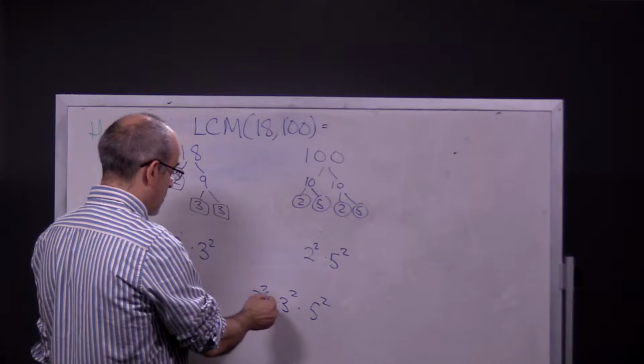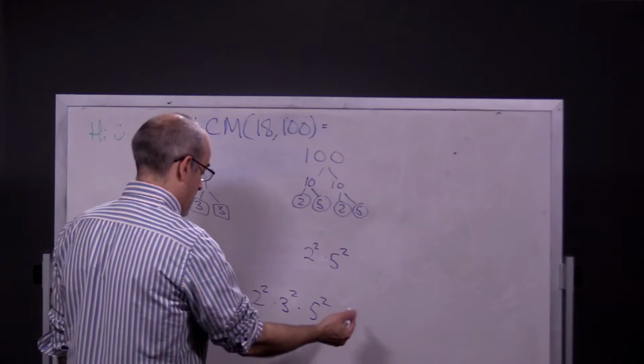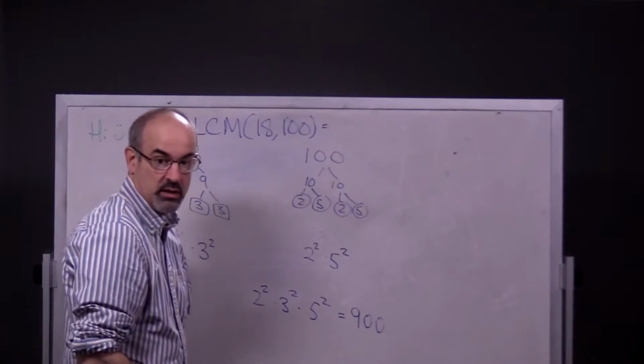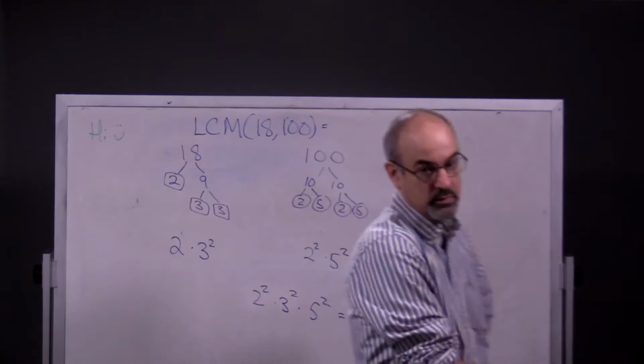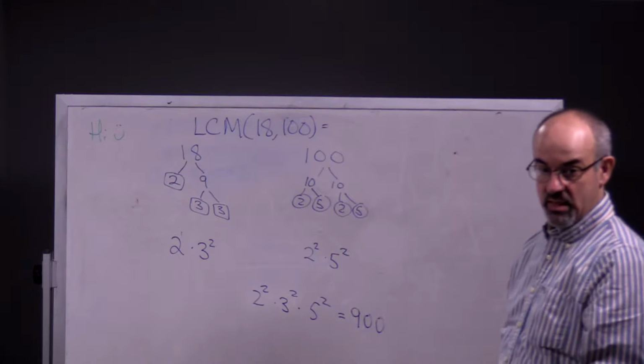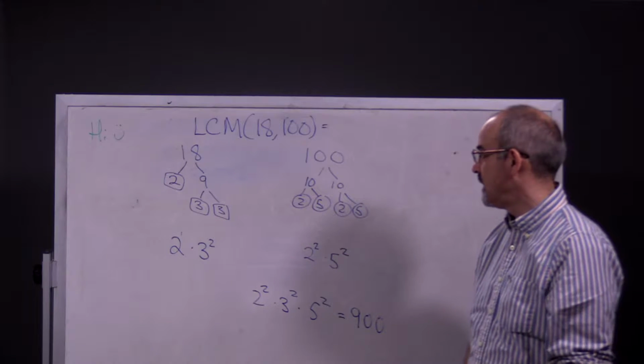So you have 2 squared times 3 squared times 5 squared, which is 900. So 900 is the least common multiple of 18 and 100.